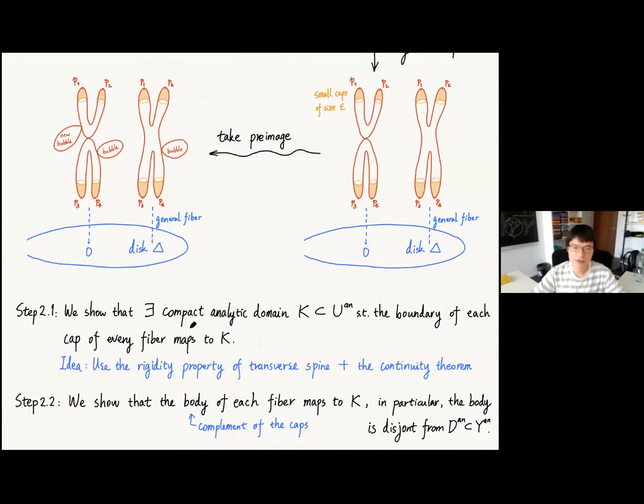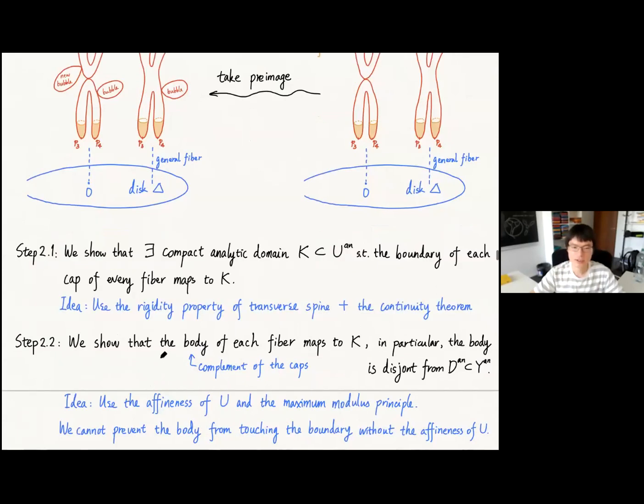And we use a compact subset to prevent this. To show that each body must lie in the compact subset, we use the affineness of U and the maximum modulus principle. We cannot prevent the body from touching the boundary without the affineness of U.